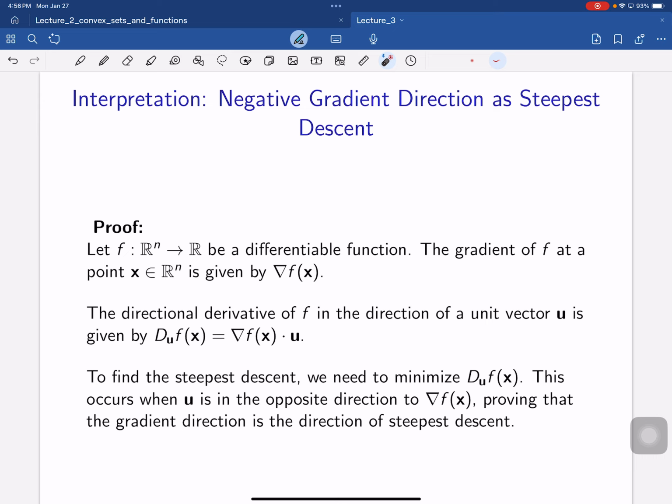So now after stating this property, let me ask you the following question that may confuse you or maybe help you understand this steepest descent property better.